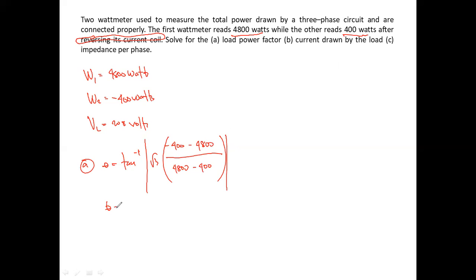Here, just take the absolute value. So that's 5,200 over 4,400. So the power factor then is equal to 0.439.